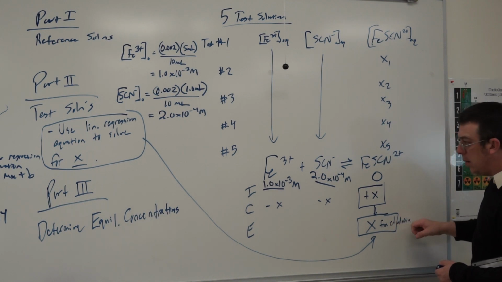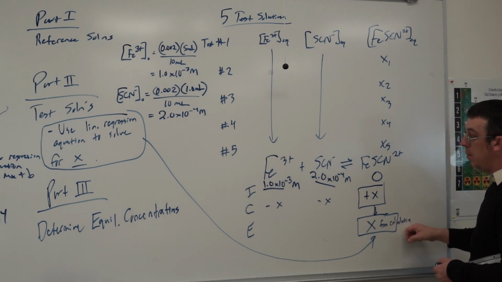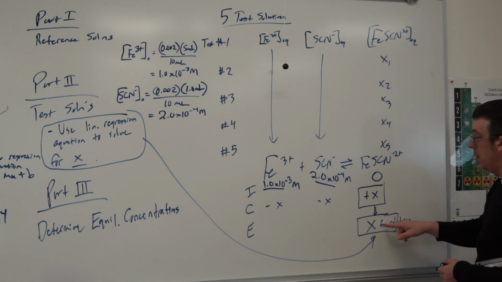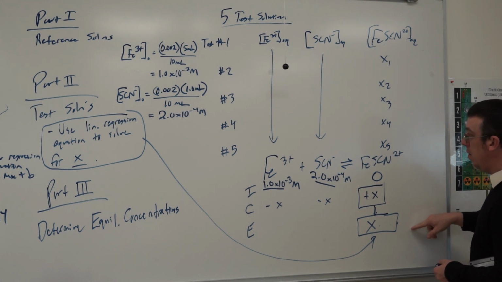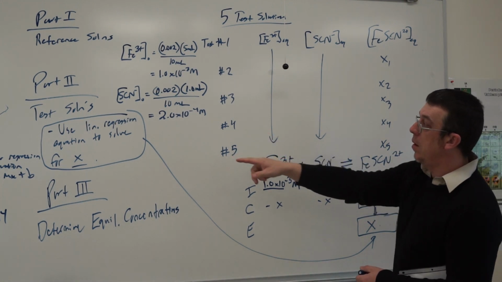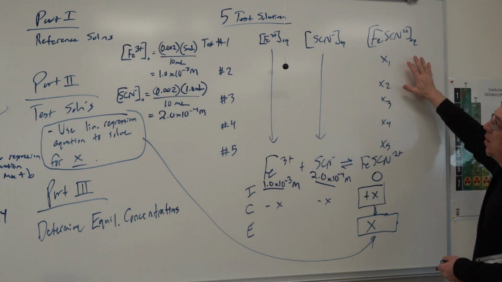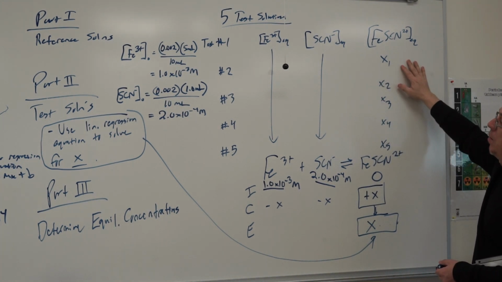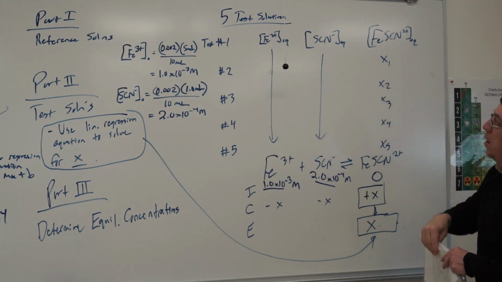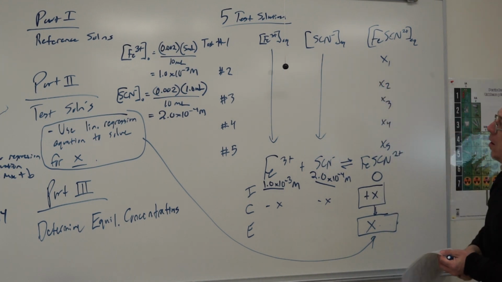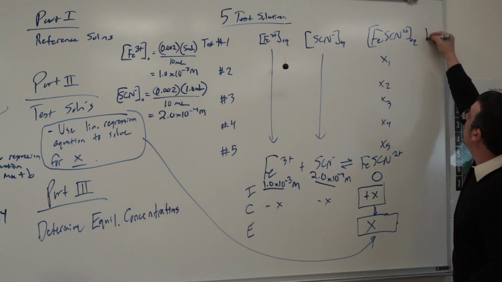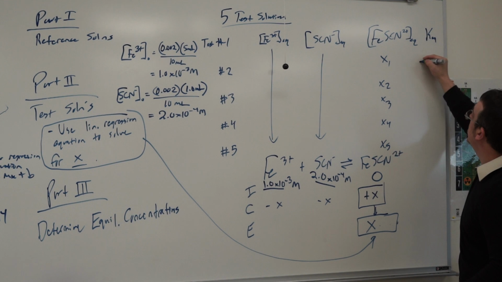In class, you would work this out from a calculation, but we don't have to worry about that this time because our x is determined from the linear regression equation. If you look at this chart, we're going to fill it in and use it to ultimately figure out the equilibrium constant for each of these parts.